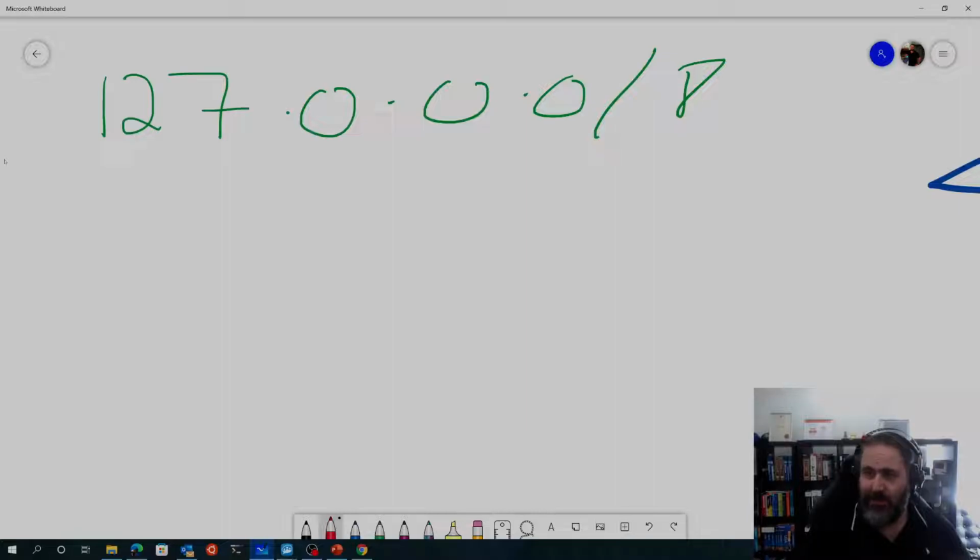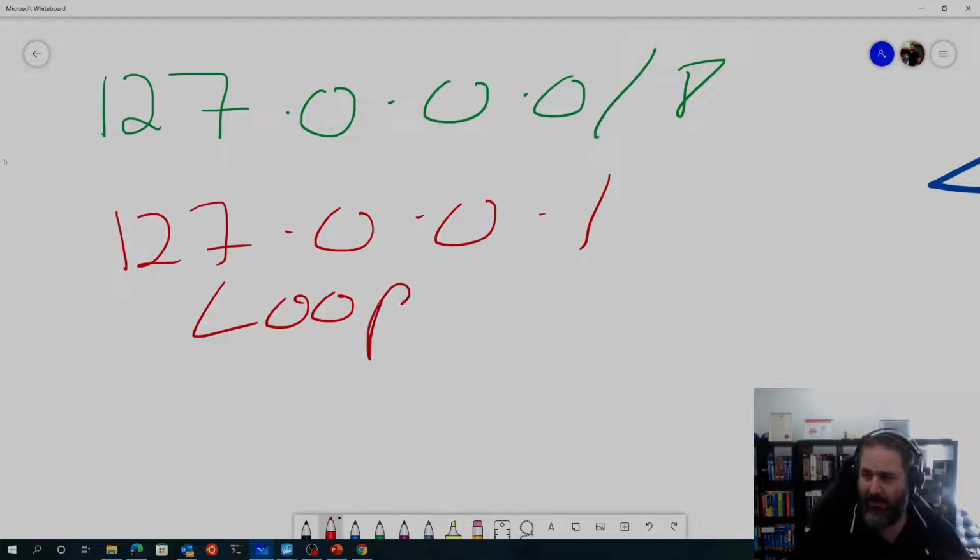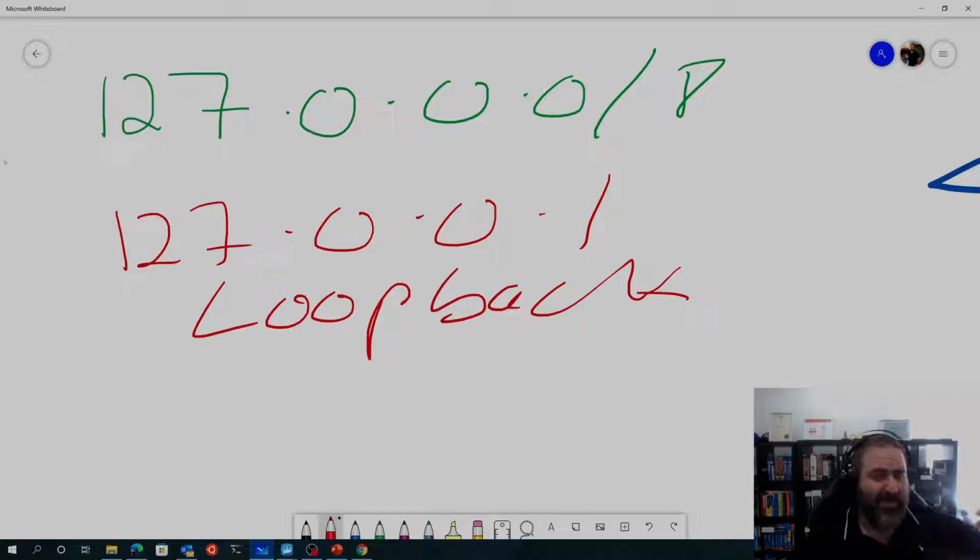And in particular, this IP address, which is called a loopback. What this loopback address is, it's testing itself. It's making sure that the protocol stack is working fine. So it's saying, is my network card operational?